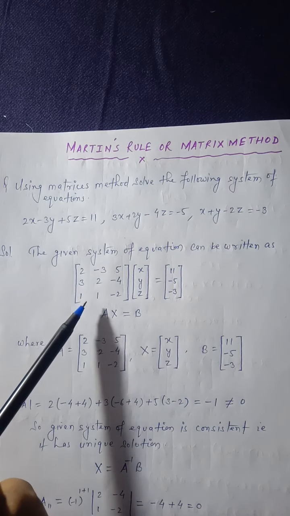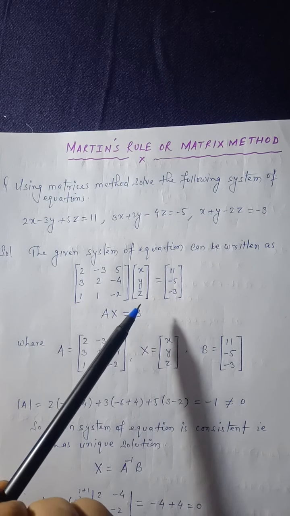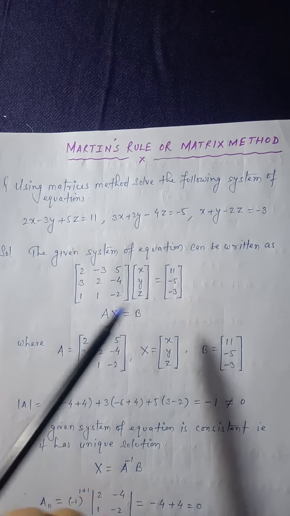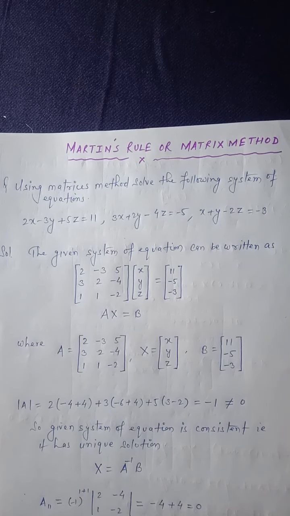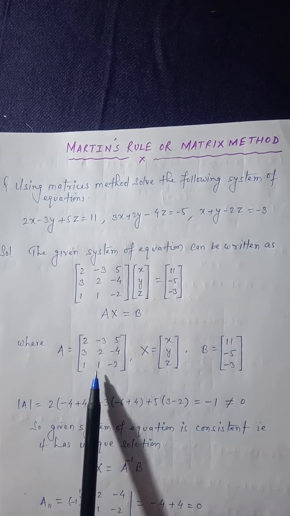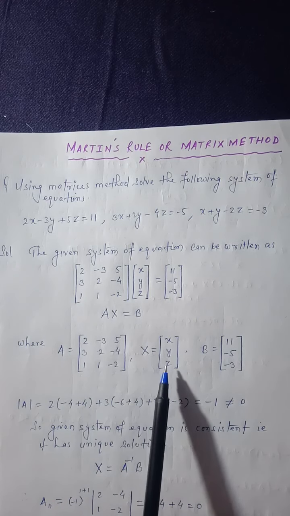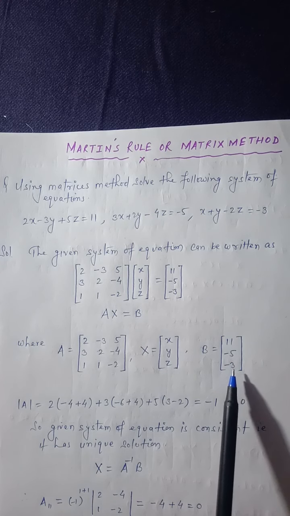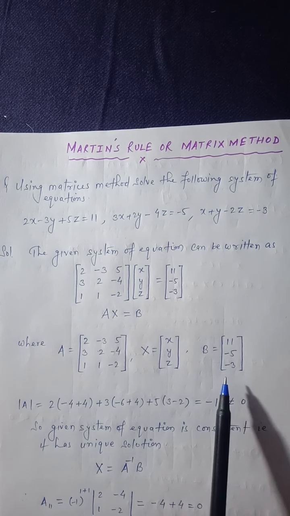So this is our coefficient matrix. Second is x, y, z, and third one is the constant portion, which is 11, next minus 5 and minus 3. So here matrix A is this matrix, X matrix is x, y, z, and matrix B is 11, minus 5, minus 3.